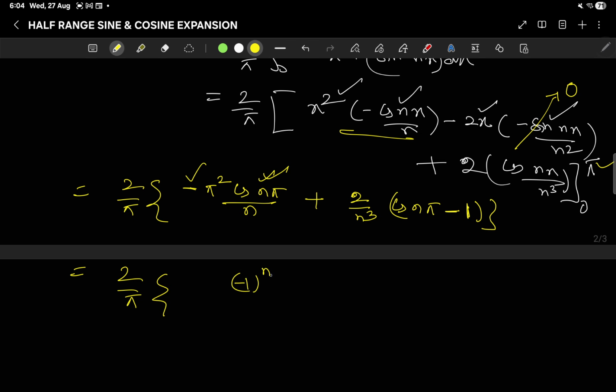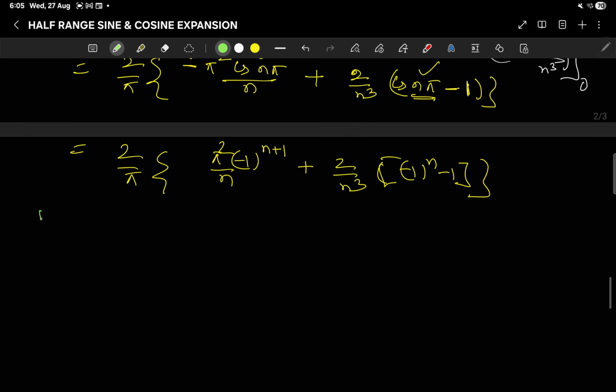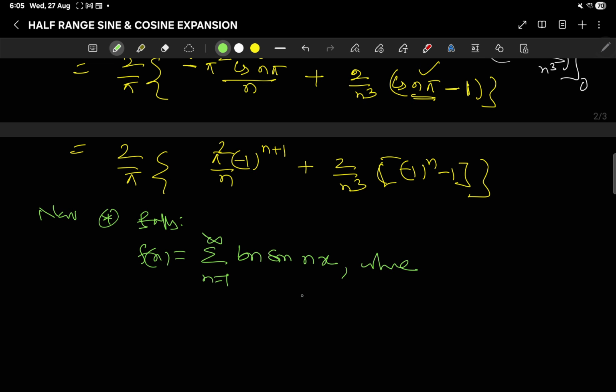So this minus sign we can have minus 1 to the power n plus 1, it is pi square by n, and it is minus 1 to the power n, 2 by n cube, and it is here minus 1 to the power n and minus 1. Okay, so this is my B_n, and accordingly you substitute in star. Now equation star follows, f(x) is equal to summation n is equal to 1 to infinity B_n sine n x, where B_n is equal to this. Okay, so this will be your answer, right?